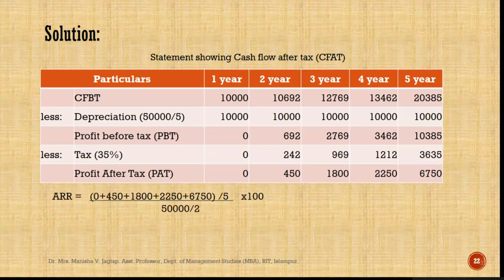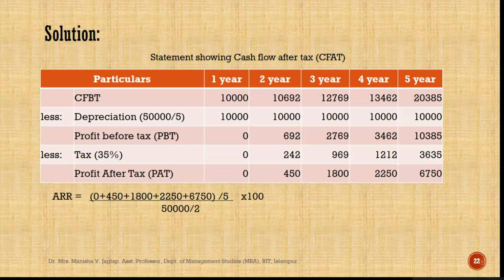So let us apply a formula and see what is the ARR for this particular project. You can see here average annual cash inflow, that is all the 5 years cash inflow is written, divided by 5 years. Then again it has got divided by average investment.